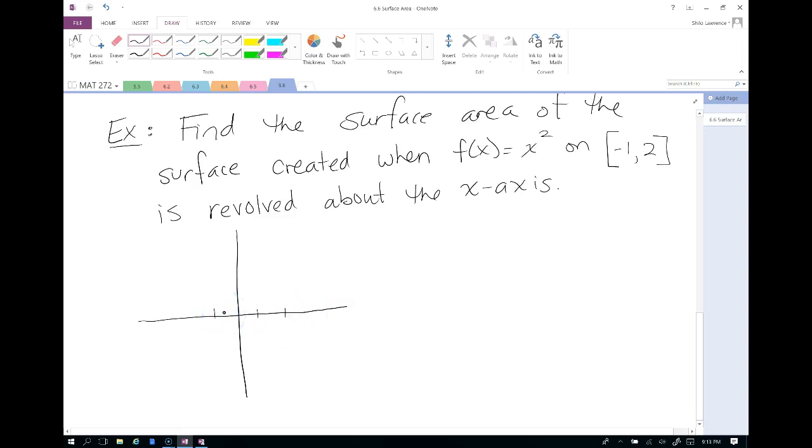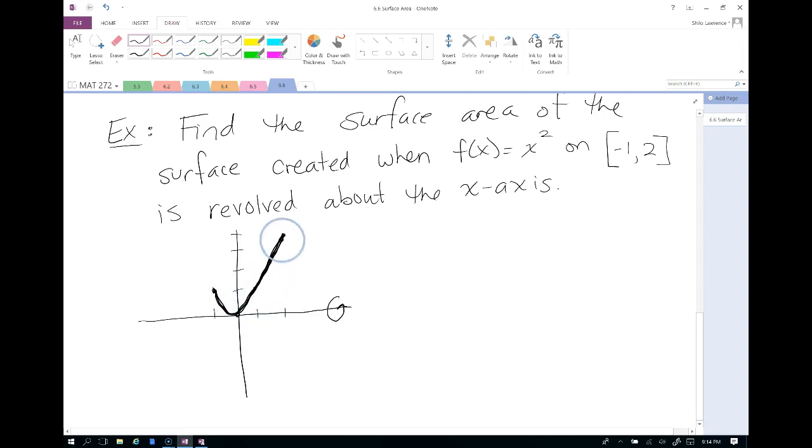So f of x equals x squared, that's our standard parabola. We've got negative 1, 1, 0, 0, 1, 1, 2, 4. So there's the arc. And we're going to revolve that around the x-axis.